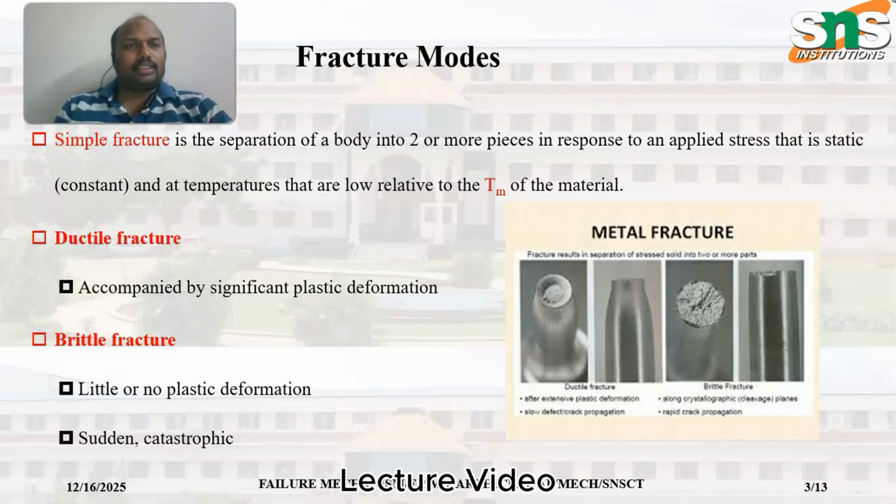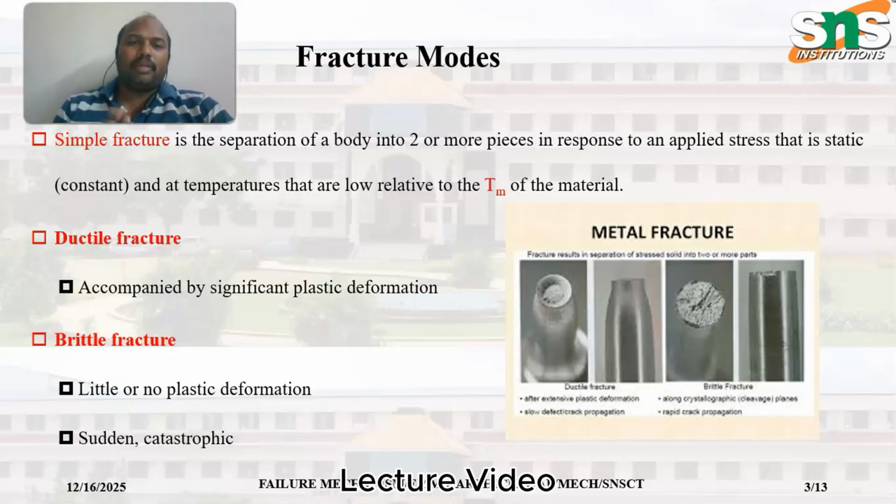Here the stress can be anything. Sometimes the stress can be in the form of mechanical loading, sometimes it can be due to thermal loading, right? Due to this applied stress or applied load, the material gets fractured. That is the simple fracture.